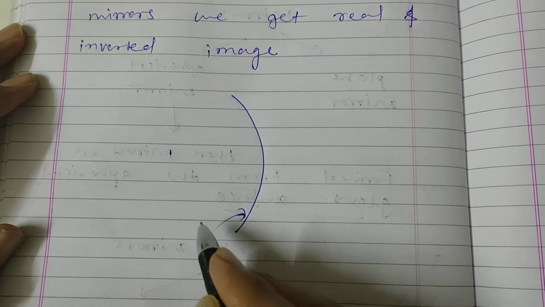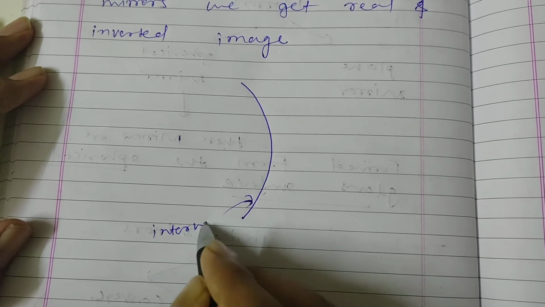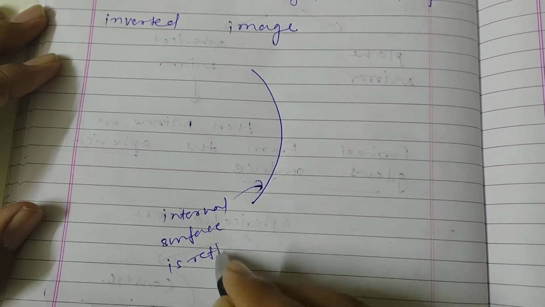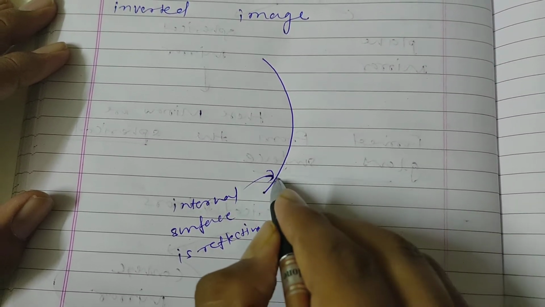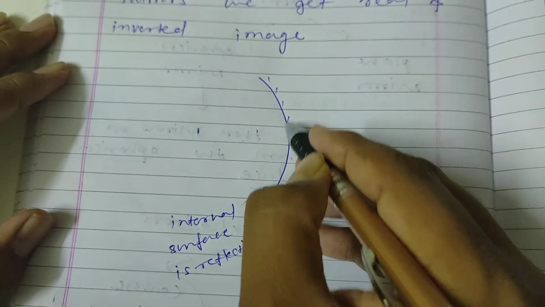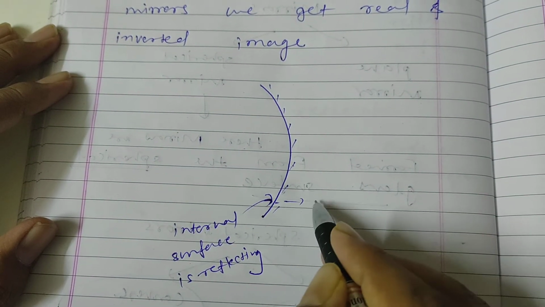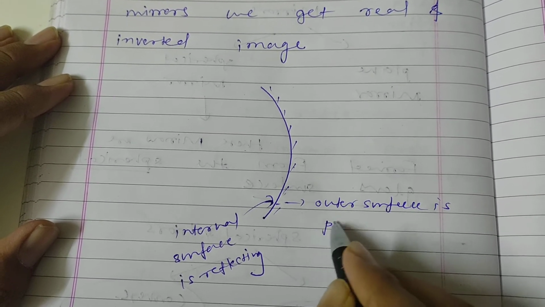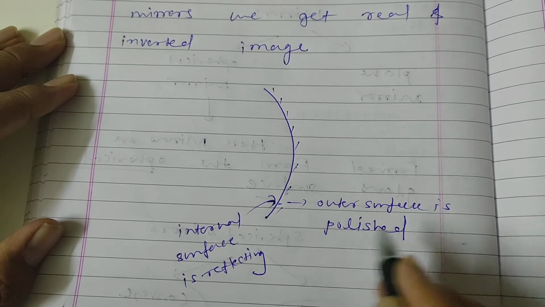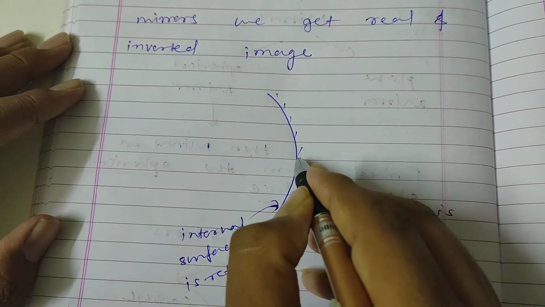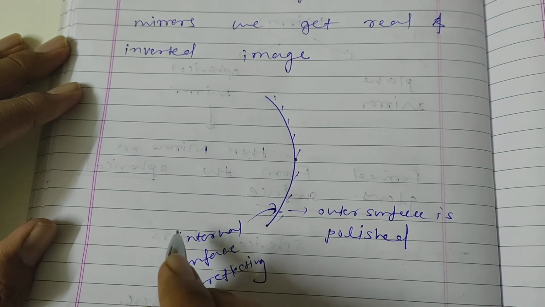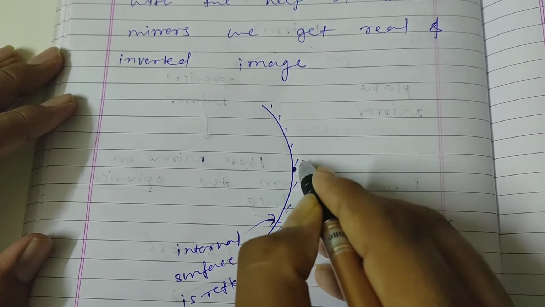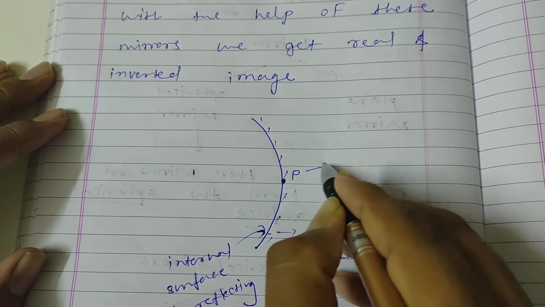Its internal surface is reflecting, outer surface is polished, and the center of mirror is called pole.